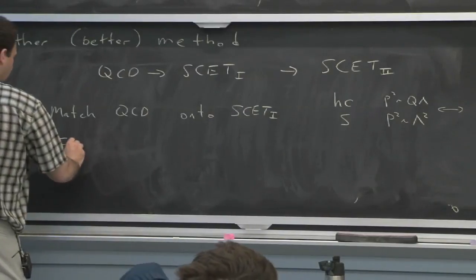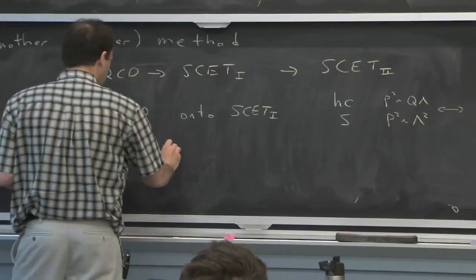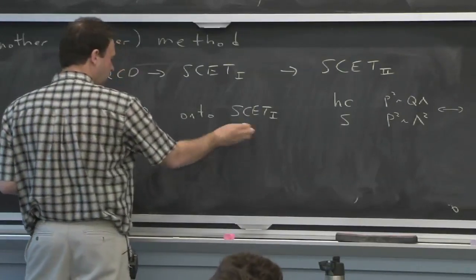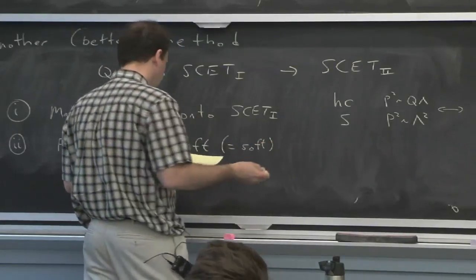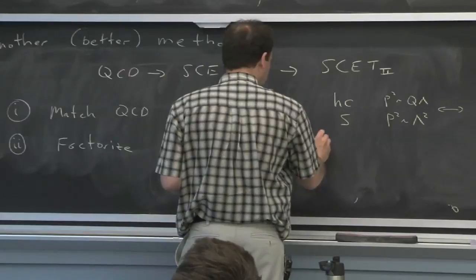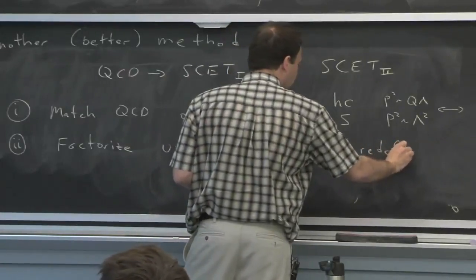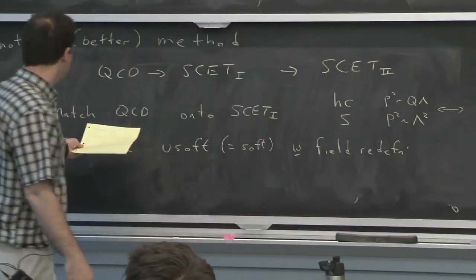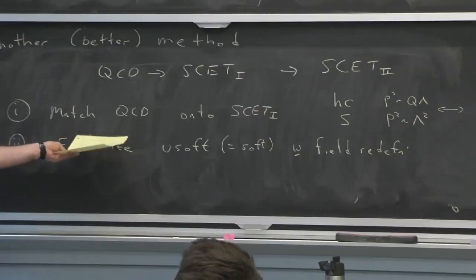Step 2 is to factorize that theory, which we know how to do. In particular, the ultrasoft, which is soft, can be factorized with a field redefinition. This has the advantage that at this first stage, we still have a lot of locality that protects us and helps us to understand the theory.